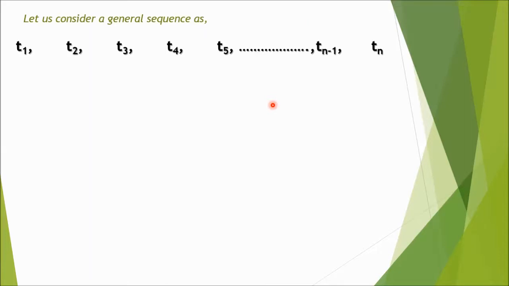Now, the difference between the first two terms is T2 minus T1, and the difference between the second and third is T3 minus T2. The difference between the fourth and the third is T4 minus T3, and T5 minus T4.